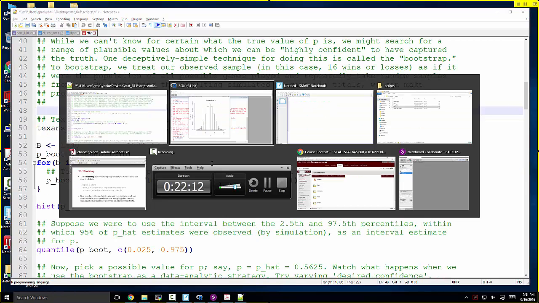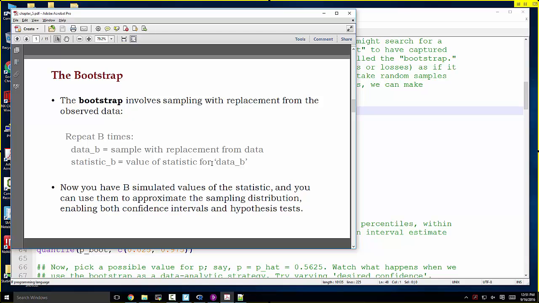Here's how we did the Bootstrap. If I go back to the notes briefly, Bootstrap is a pretty simple idea. It, in essence, involves sampling with replacement from an observed sample. By sampling with replacement from our observed sample, we get as many new samples as we want. And it turns out that each of those new samples, even though they didn't involve taking a new sample from the population, we can still use them as if they were draws from the population.